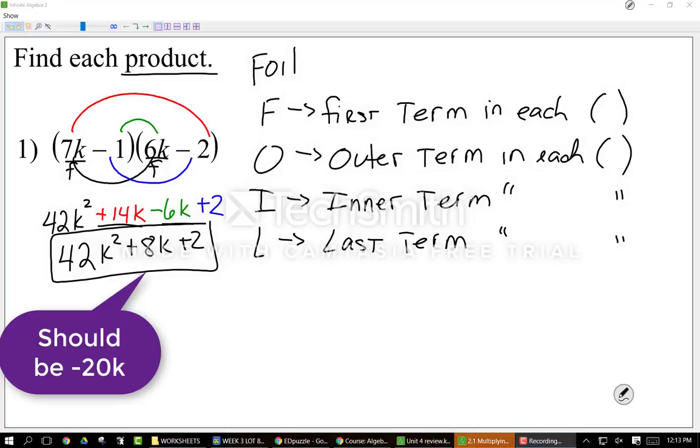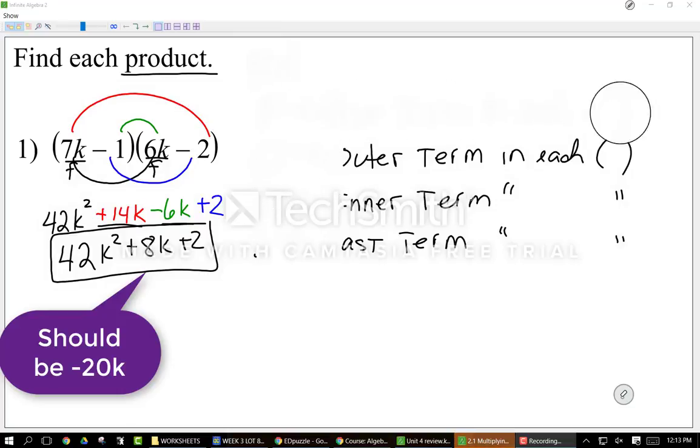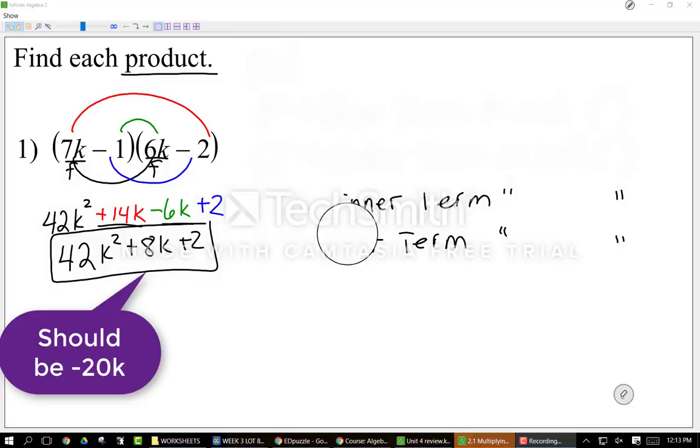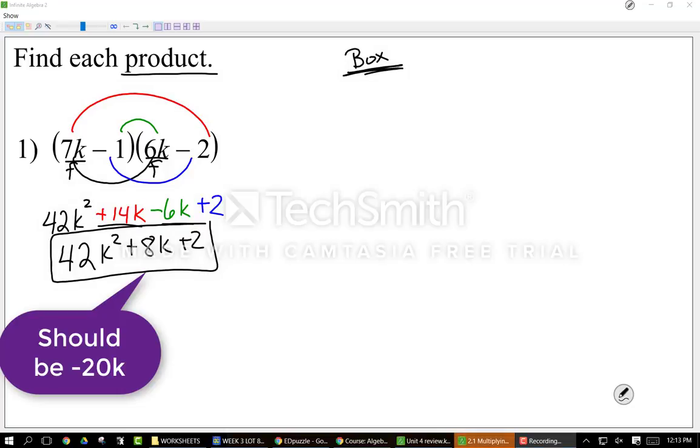Now, there's multiple ways to do it, so I'm going to show you another way to do it with a different kind of process. So let's go through this. Now we're doing a box. Okay? The difference between FOIL, which is what I did first, FOIL only works with two binomials.